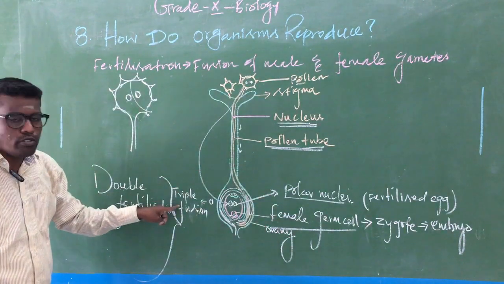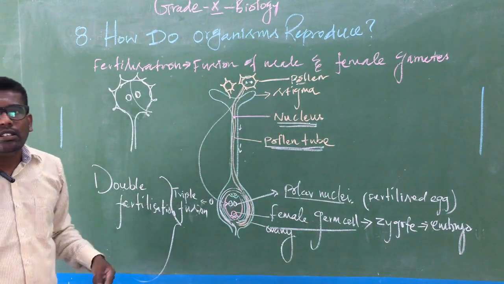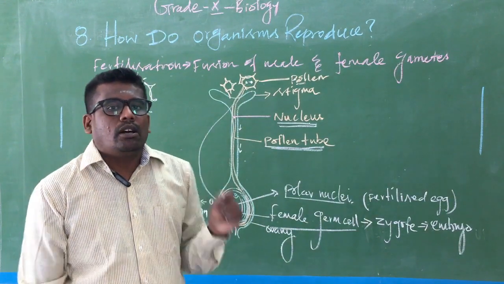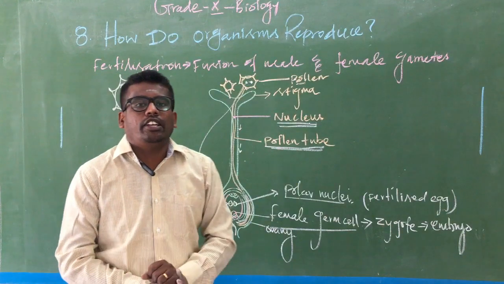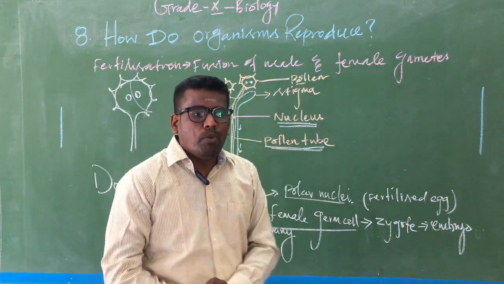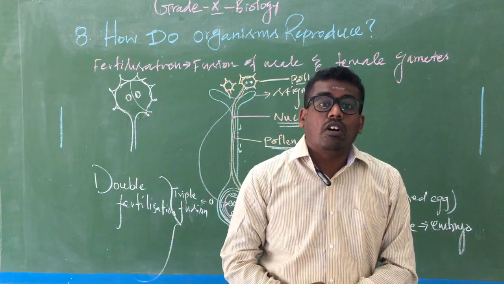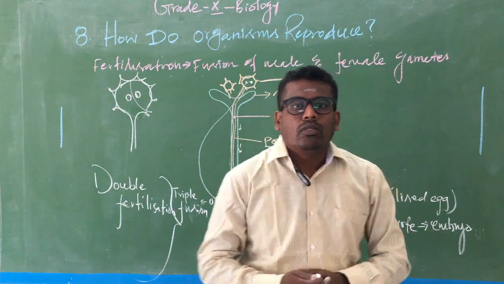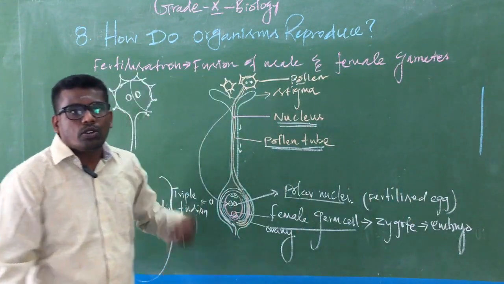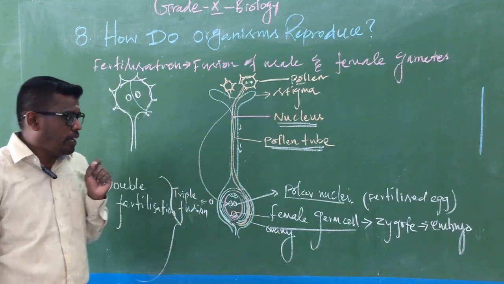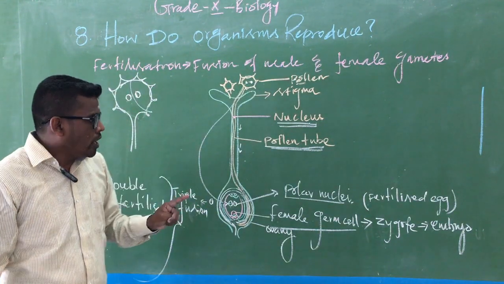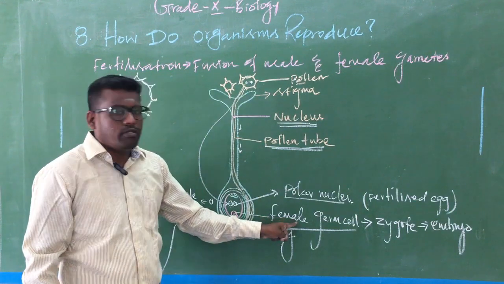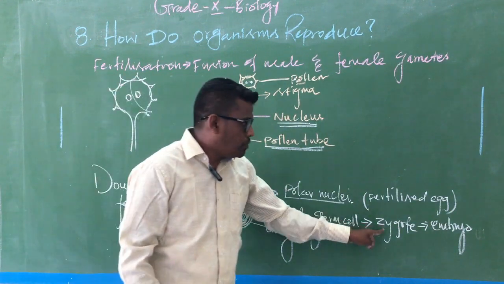And the triple fusion, together they generally call it double fertilization. Double fertilization is not in the book, but sometimes a question will arise. Double fertilization means the pollen grain contains two nuclei. One nucleus fuses with the female germ cell and forms the zygote.